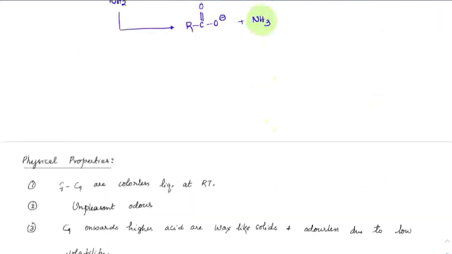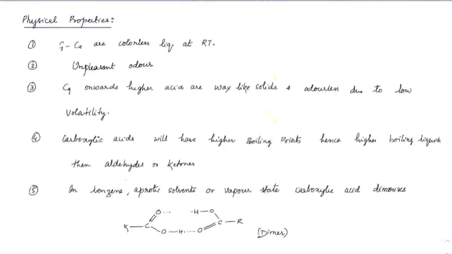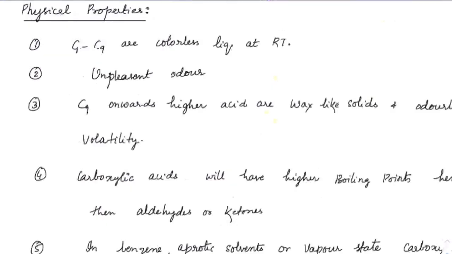Okay. Let's see the physical properties now. You can read it from the workbook I have given you. Just have one reading. So C1 to C9, all of them are colorless liquids at room temperature. They would have a suffocating or unpleasant odor.